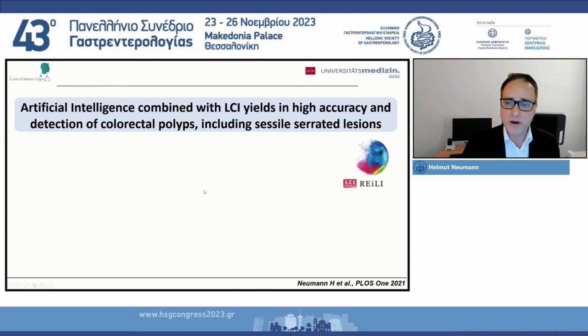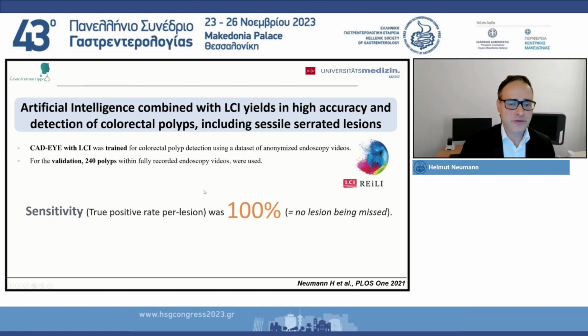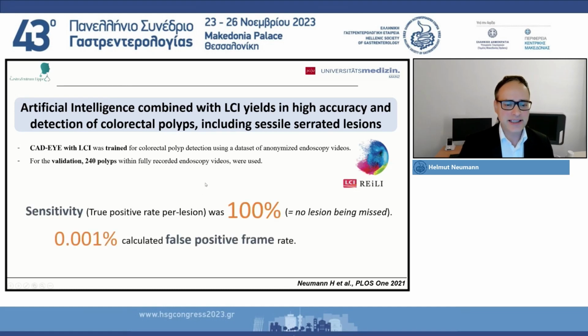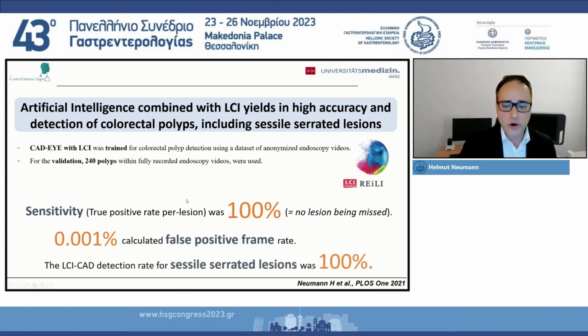And this is one study highlighting, for example, the use of AI in sessile serrated lesions. And you can indeed see with AI in general, we should have a very, very low false positive frame rate. And also AI is already feasible to detect sessile serrated lesions. Some of the software, in this study we have used the CAD EYE.